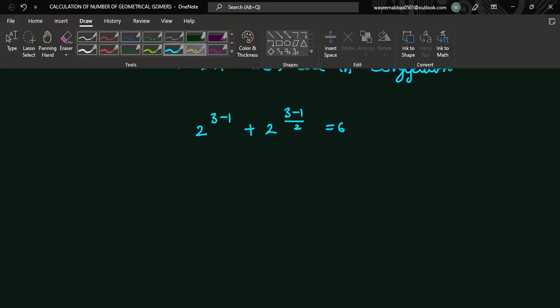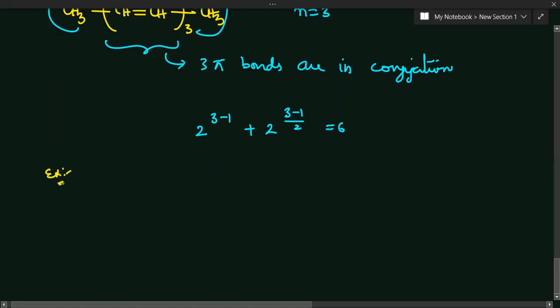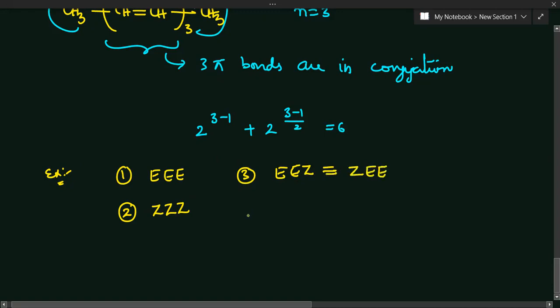I'll not draw those structures, but I can represent it in E and Z forms. So the first one, it can be EEE form. The second one, it can be ZZZ form. Third one, it can be EEZ, which is also equivalent to ZEE.